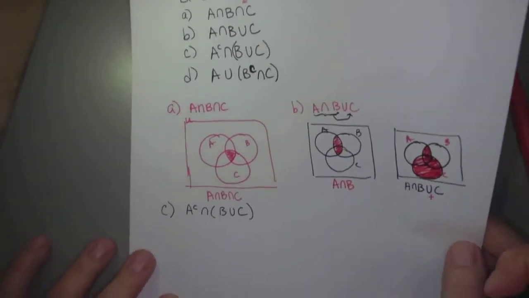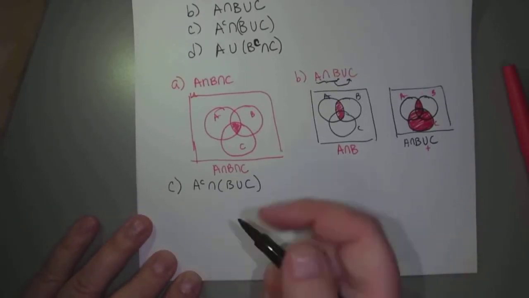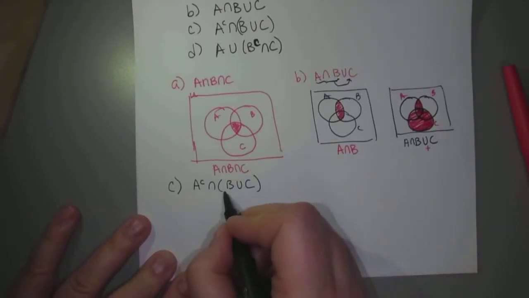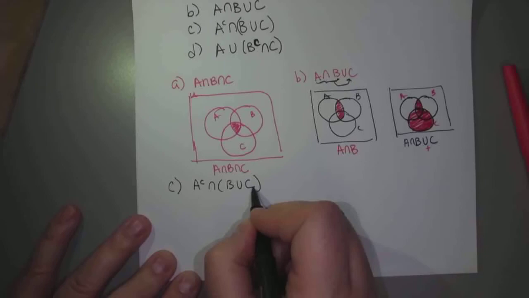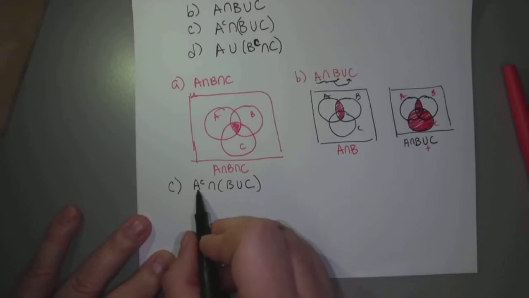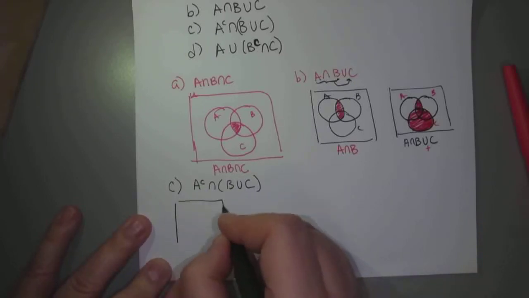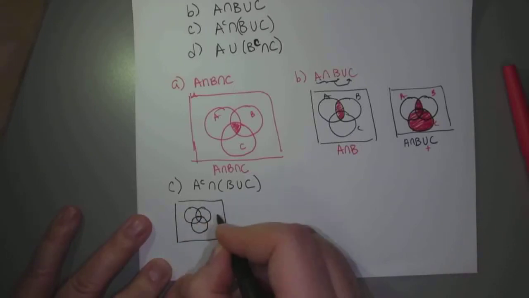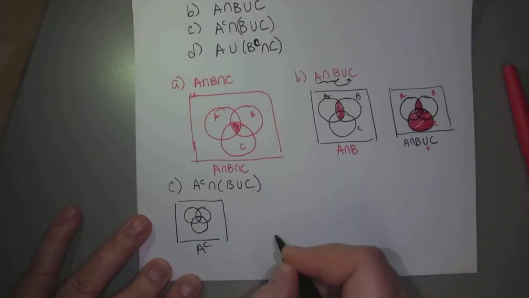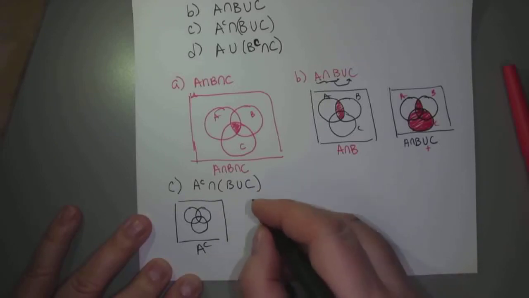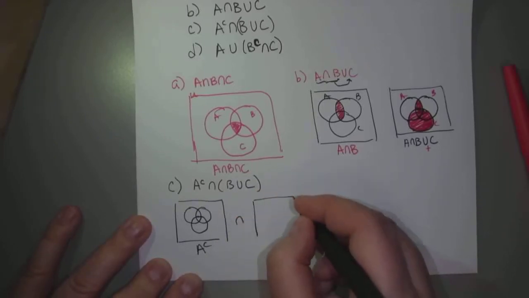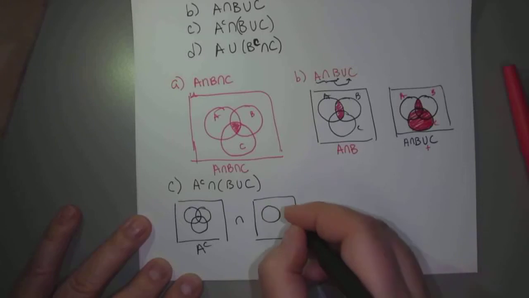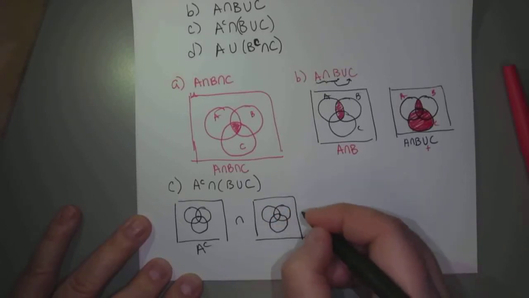Okay, so this one's a bit trickier. We might need more room to draw it. So what I would want to have is B union C separate and A complement separate, and then I'm going to put them together. So let's draw A complement and B union C. Two side by side and one underneath.